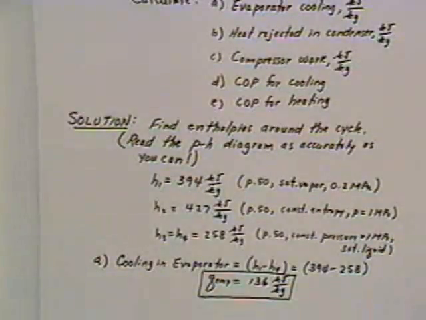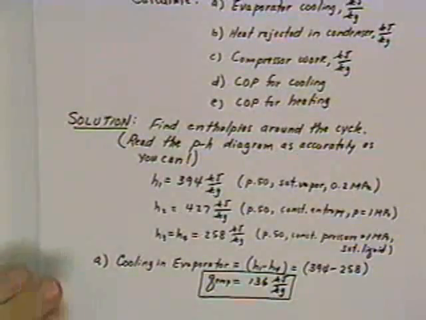Again, we just showed the overall pH diagram. I don't think there's a need to try and show that back up on the screen again, because it's very difficult to read. I'll just give you the numbers that I got in going through this cycle analysis, and leave it up to you, when you do your review, to look up the properties at the same locations I've got, and see if you agree with me that these are the right numbers that I picked off of the diagram.